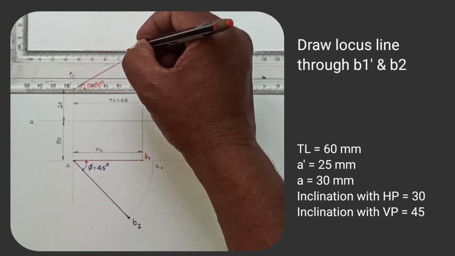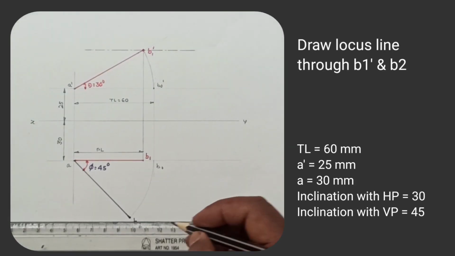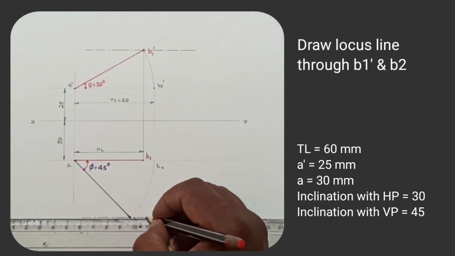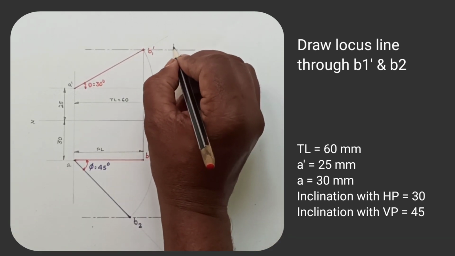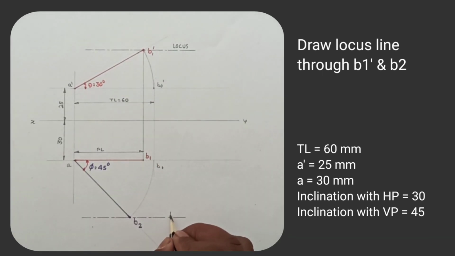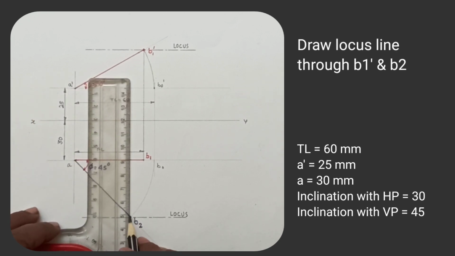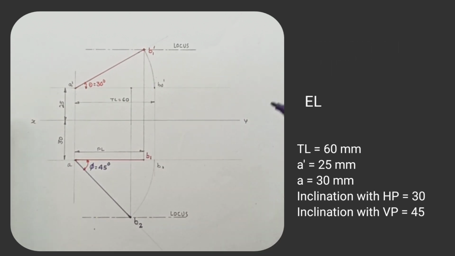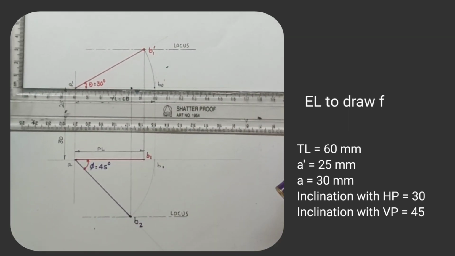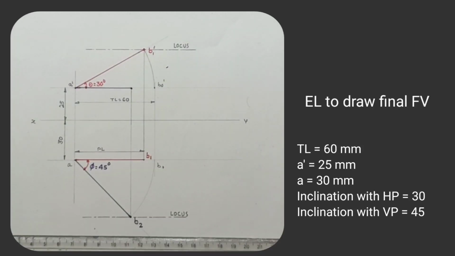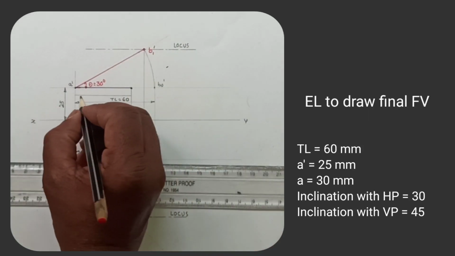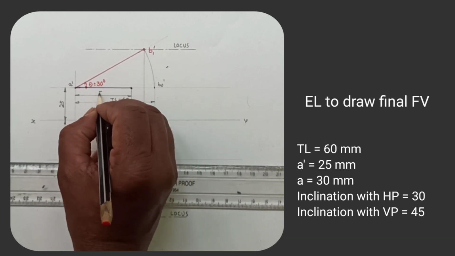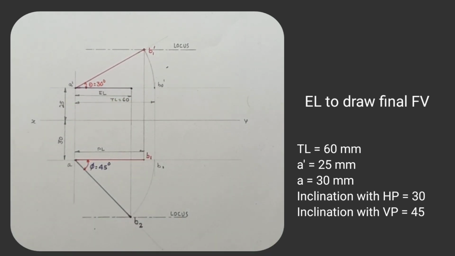Now in front view through B1 dash and in top view through B2, draw a locus line which is parallel to the XY line. Now draw the front view when the line is inclined to VP. In this condition, the front view indicates the elevation length, that is EL.